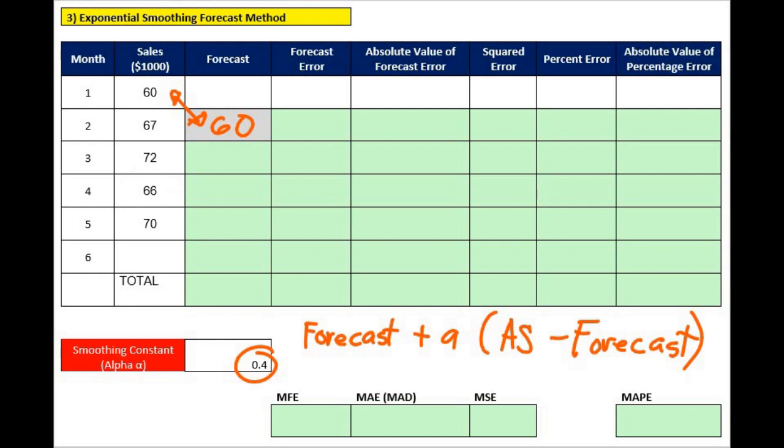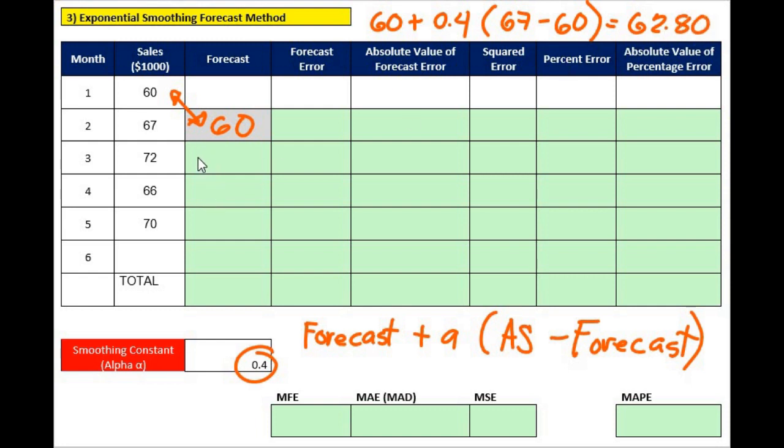Let's say, for example, for month 3, that would be our forecast above, that is 60, plus the value of our alpha, that is 0.4, times the quantity of our actual sales, which is 67, minus 60. And then the answer would be 62.80.